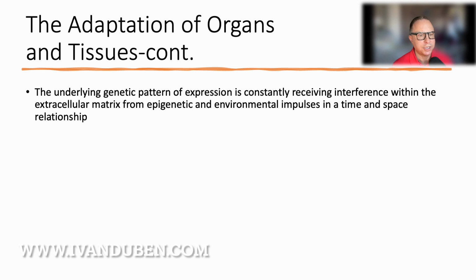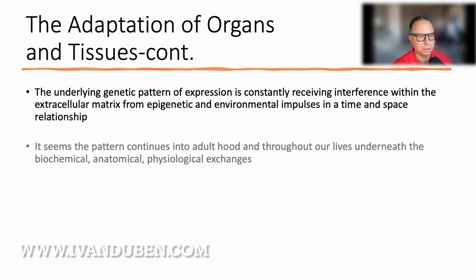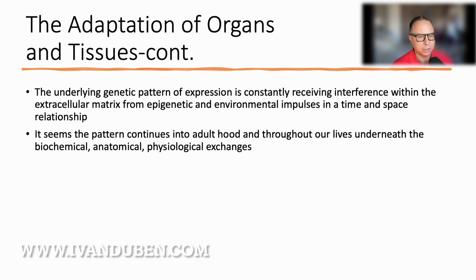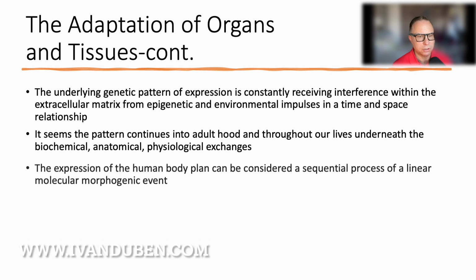The underlying genetic pattern of expression is constantly receiving interference within the extracellular matrix from epigenetic and environmental impulses in the time and space relationship. It seems the pattern continues into adulthood and throughout our lives underneath the biochemical, anatomical, physiological exchanges.